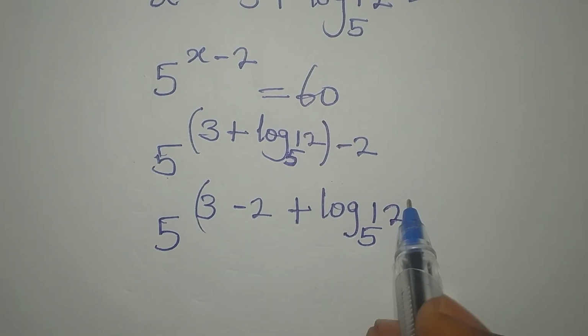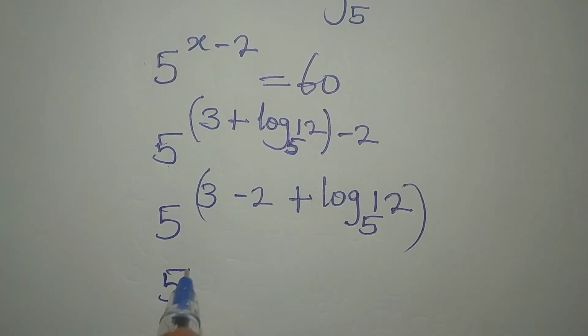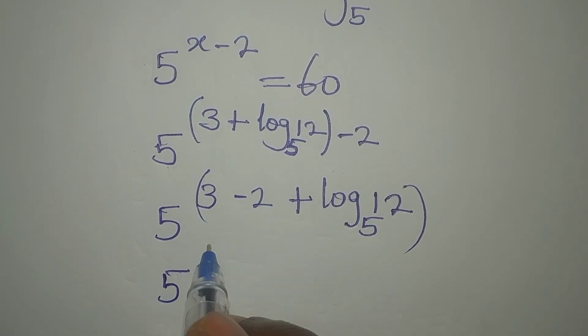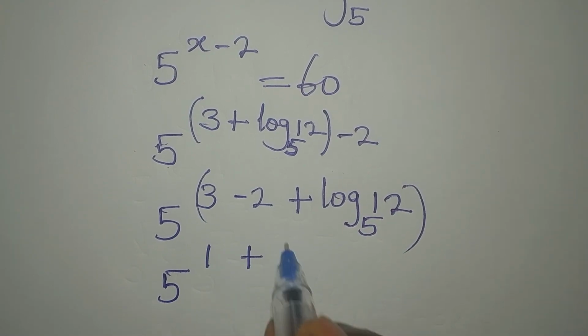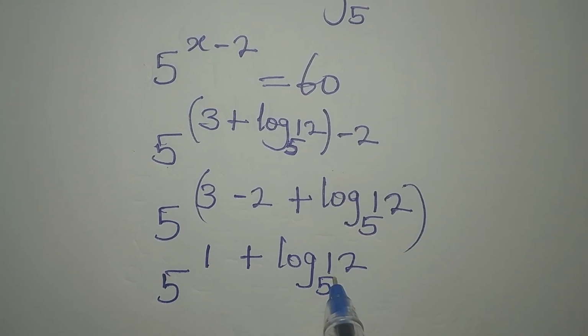Mind you, the whole of this is the power. So we have 5 again. This 3 minus 2 is 1. Then plus, we now have log 12 to the base of 5.